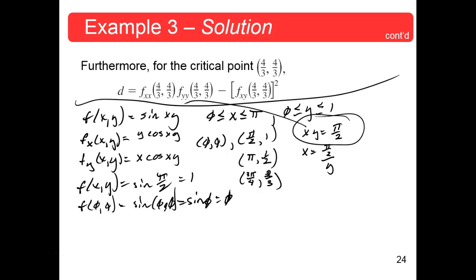Okay? Its absolute minimum along this line here is the ridge there from x equal pi halves and y is equal to 1/2 back to x equal pi and y is equal to 1/2. X is equal to pi halves, and y is equal to 1. That would be that value right there, pi halves and 1.